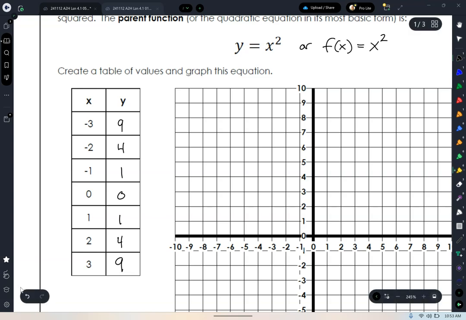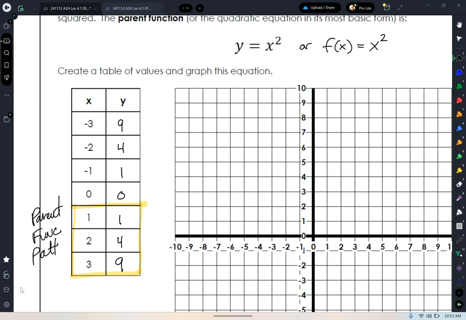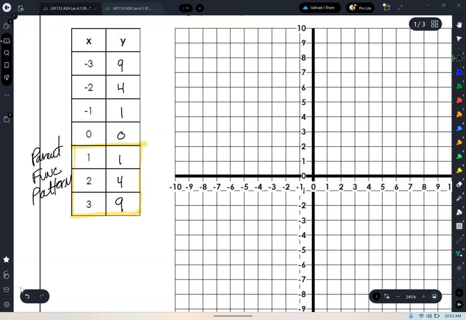Now, I'm going to use this language a lot, so I just wanted to highlight this. You can box it, highlight it, however you want to indicate this. But this is something that I'll refer to as the parent function pattern for quadratics, the parent function pattern. And I've already used some of this language with you when we were looking at the different parent function patterns.